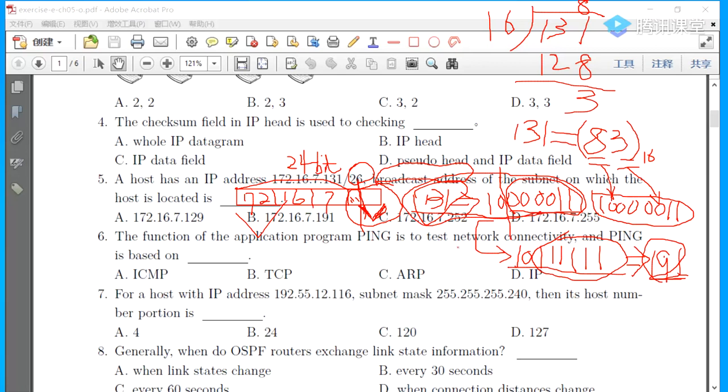Now, next I will illustrate why 10111111 is 191.